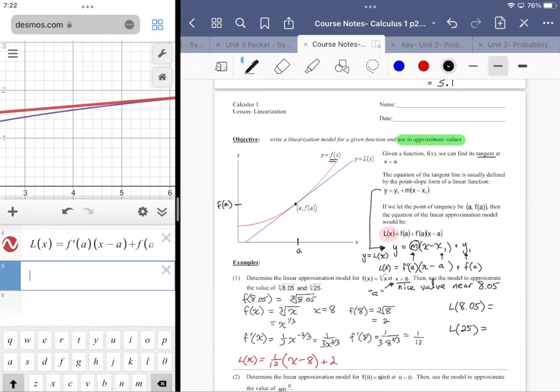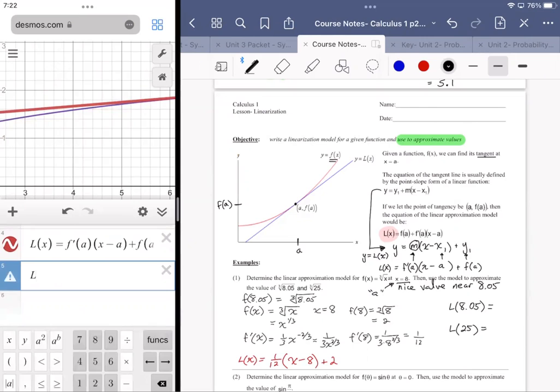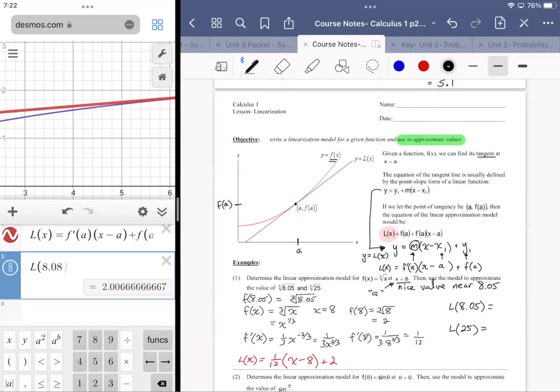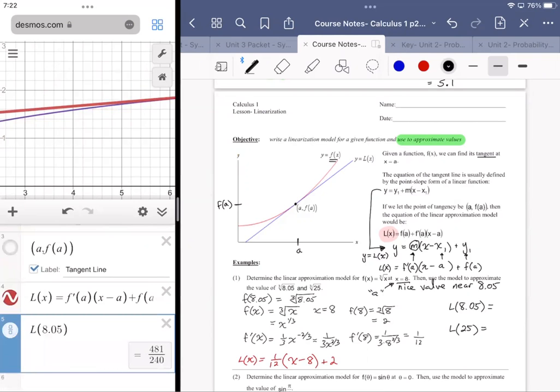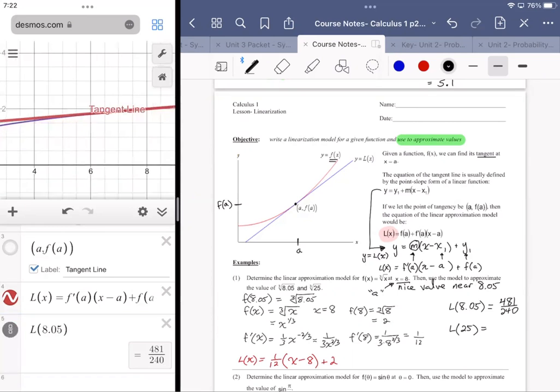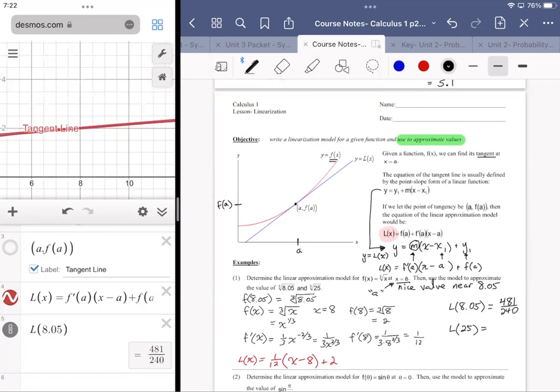So then I would evaluate L of 8.05. If it's willing to give you a fraction answer, take the fraction answer. All right. So 481 over 240. Just so you don't have to worry about rounding and stuff like that. You know, it's a little bit of a convenient approach.